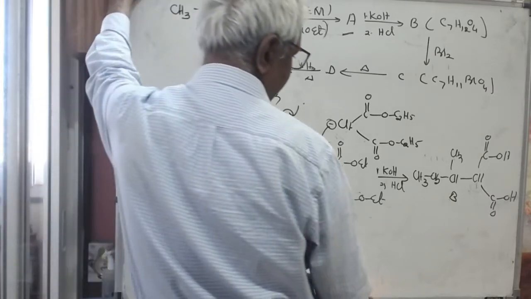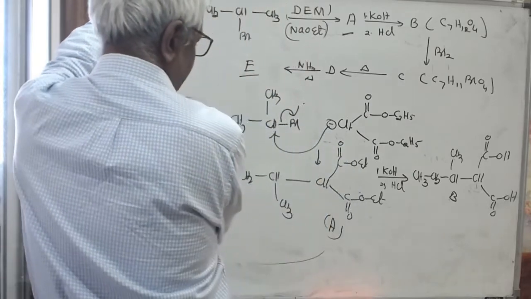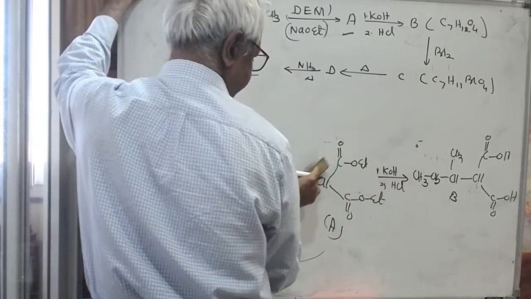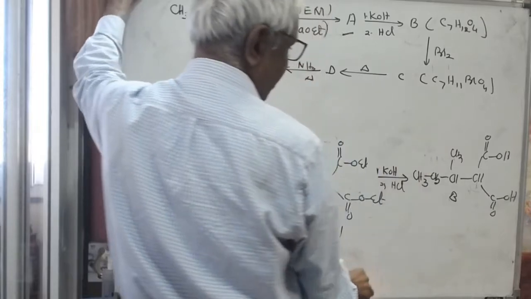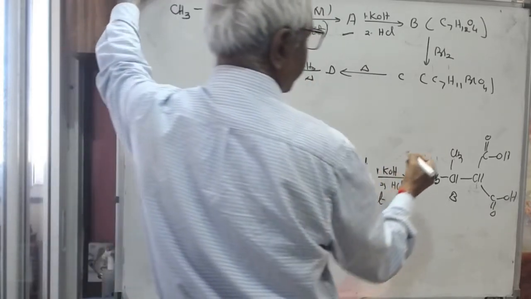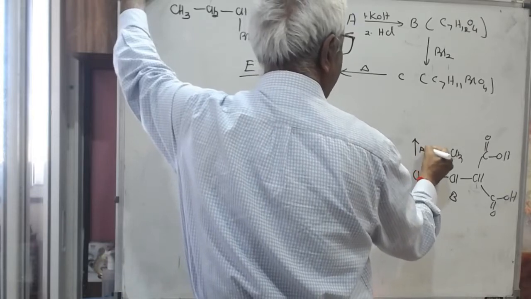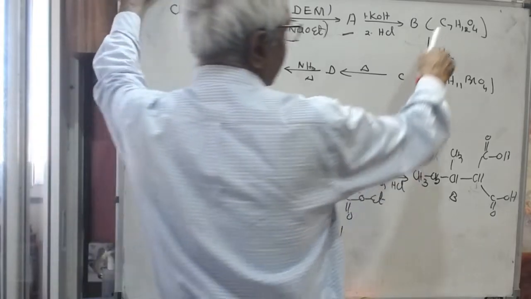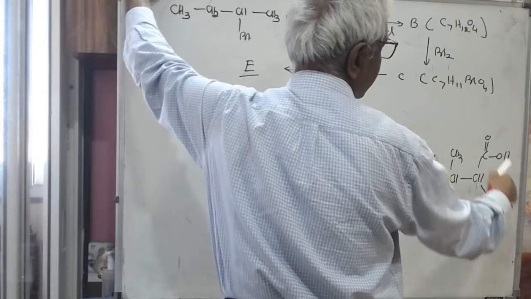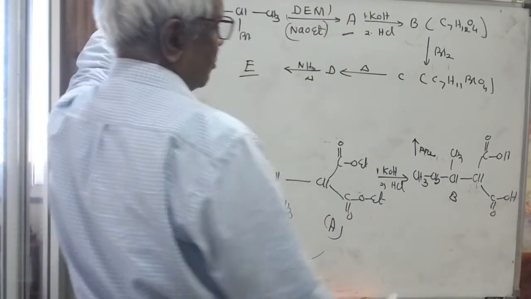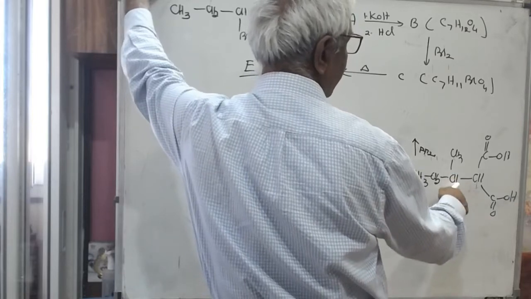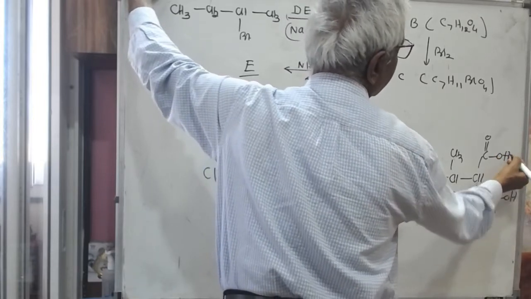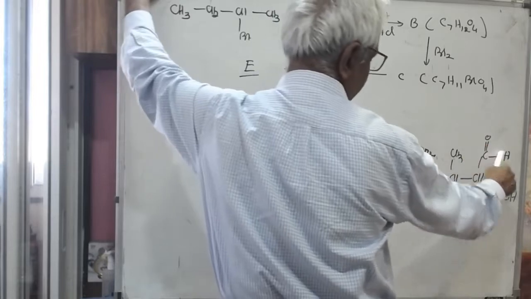B is reacted with bromine. When this is reacted with Br2, C7: 1, 2, 3, 4, 5, 6, 7; H12: 12 hydrogens; O4: 1, 2, 3, 4.